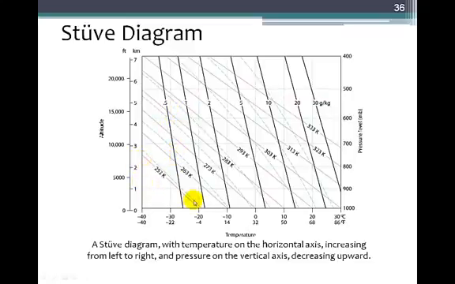Here we have the dry adiabatic lapse rates, the different adiabats, and the moist adiabatic lapse rates in the green dashed lines. You can send a sounding up into the atmosphere, get actual air temperatures, plot them on this graph, and determine stability and instability at different levels of the atmosphere.